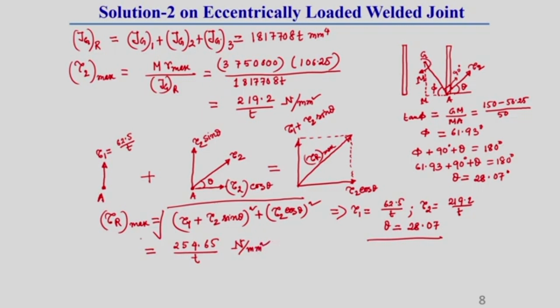Now this resultant shear stress should not exceed the permissible shear stress. By this concept we can find out the dimension of this weld. Now the next step, the third or fourth step, we have to find out the size of the weld.